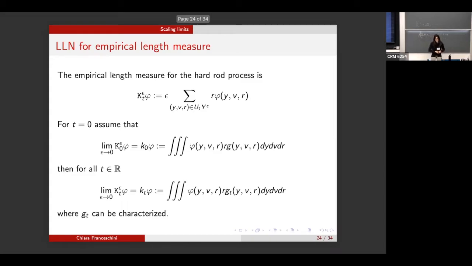And then the hydrodynamic limit tells you that if at time 0 this object converges to a measure whose density is this G(y, v, r), then you want to prove that at time t you have a similar convergence with respect to a measure which has some density G_t, which you want to be characterized. And the way to characterize this is to have some Cauchy problem for which G_t, the density, is solution.